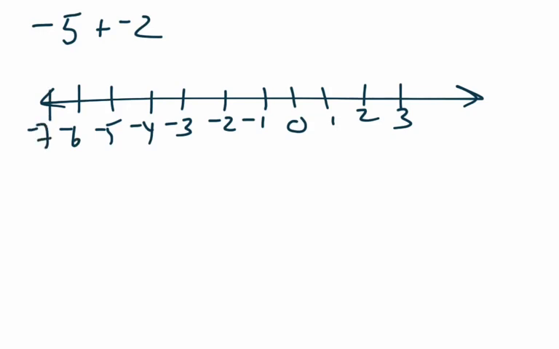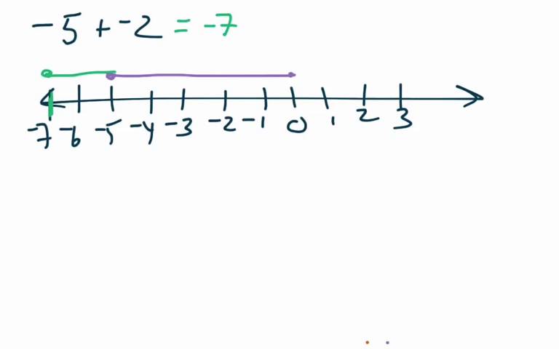So starting at 0, I go left 5. So 1, 2, 3, 4, 5. And now I'm going to add -2, which means I'm going to keep going to the left. So it actually becomes more negative. I'm going to go 2 more, and that lands me at -7.